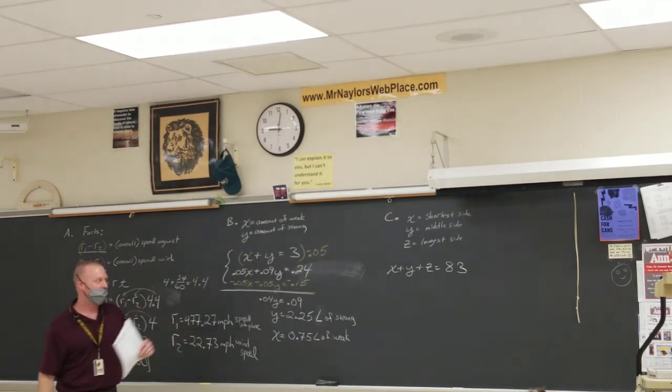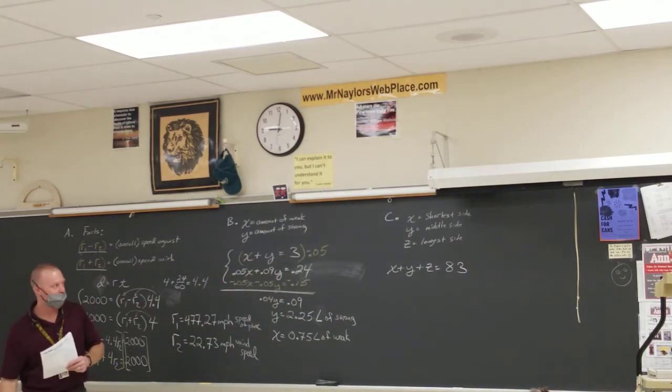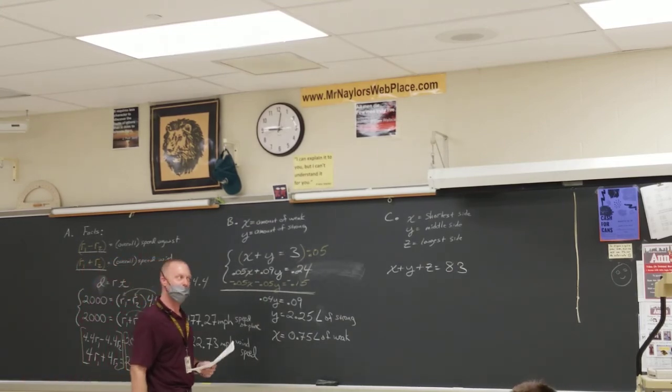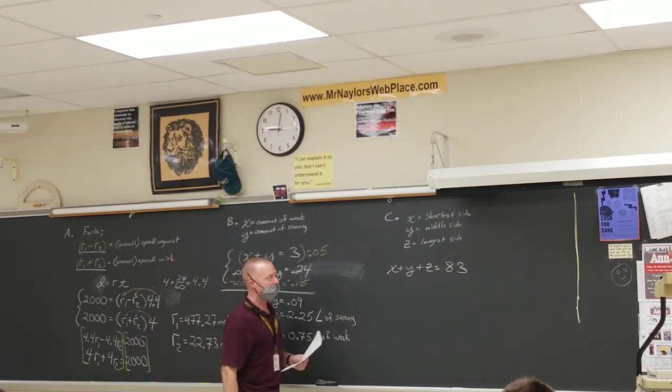So it looks good on that first equation. I expect that you guys would write that. That's a simple perimeter. How do we describe the longest side is 3 times the shortest side? You feel like you have it the right way?